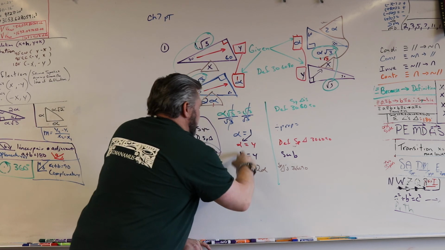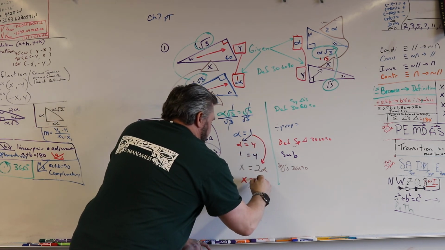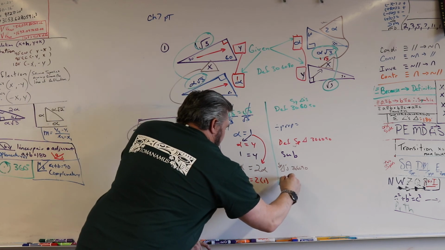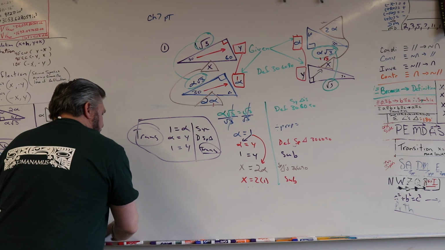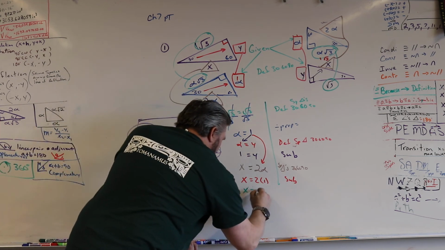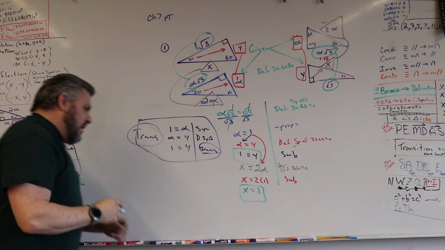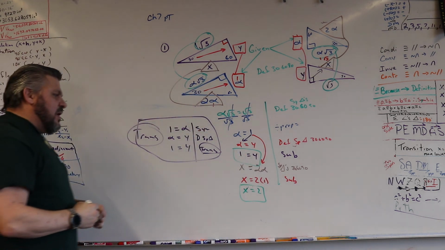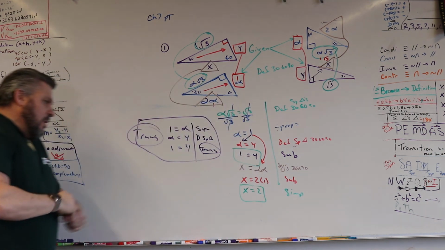Alpha is 1, right? So we're going to substitute that in. Say x is equal to 2 times alpha, which is substitution. So x equals 2. So we know x and we know y. And those are the 2 things they were asking us. Oh, what did we do to get there? Simplify, right? Okay?